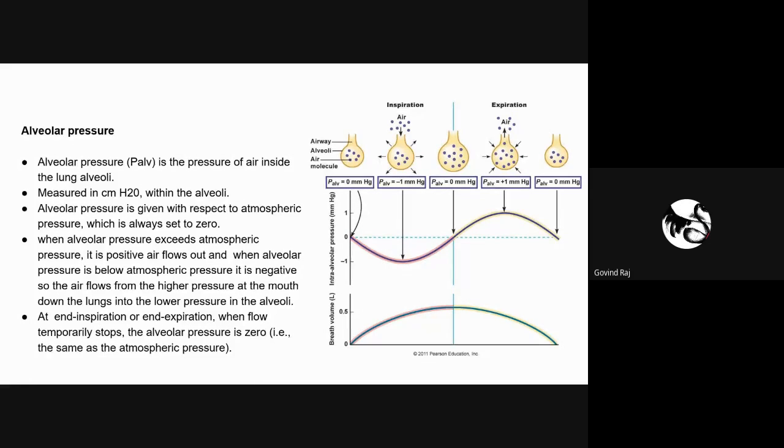So during inspiration, the alveolar pressure decreases, and when we expire, the air comes into the alveoli, and that causes positive pressure, and again it comes to an equilibrium or the 0 pressure.